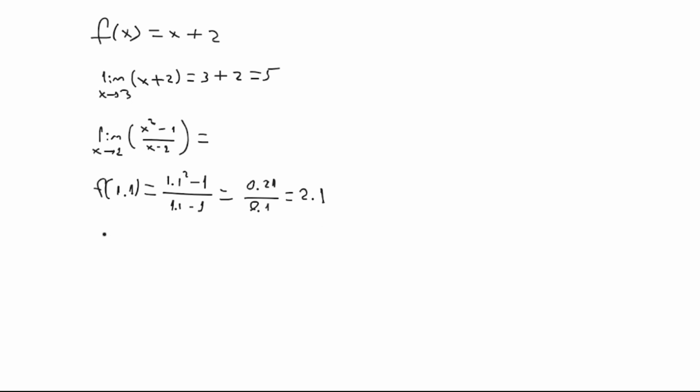Now let's try another number, for example 0.9. In this case we get 0.9 squared minus 1 over 0.9 minus 1, and this is equal to minus 0.19 over minus 0.1, which is 1.9.